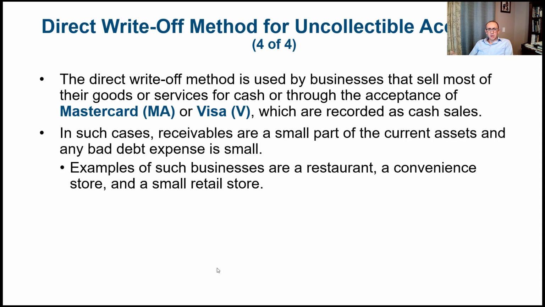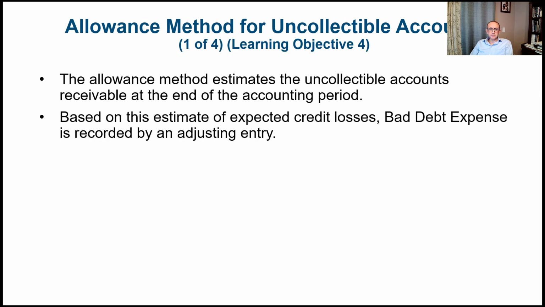Now let's see the other, more acceptable form of writing off bad debt, which is the allowance method for uncollectible accounts. This is the method that is acceptable by GAAP, and usually it's done when we have a business that has a large value of accounts receivable.